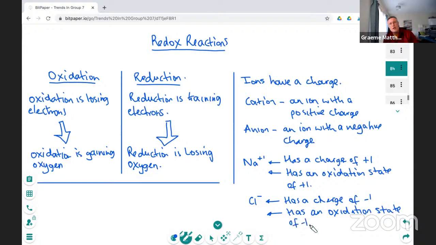Right, so just some definitions before we do some calculations. So we've got oxidation, reduction at GCSE. You learned as oil rig, losing and gaining electrons. You may have also seen it as gaining and losing oxygen. Ions, we say, have a charge. Cation is a positive ion, anion is a negative ion, and all you have to do is just swap oxidation state for charge.